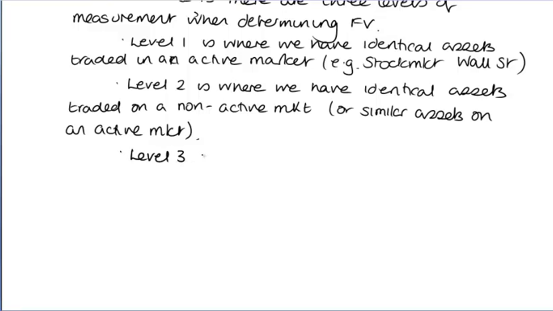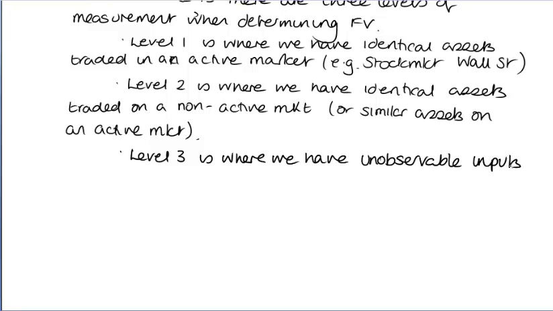Level 3 is where we have what we refer to as unobservable inputs, e.g. management calculations on a spreadsheet.